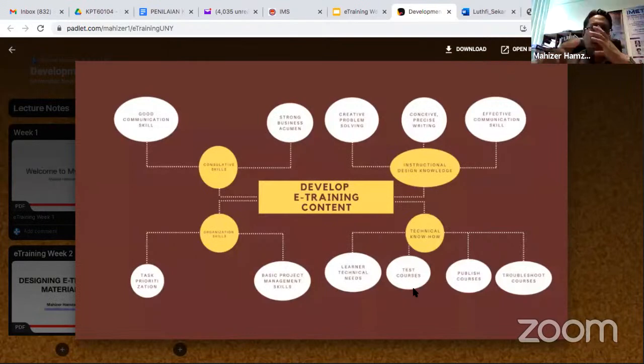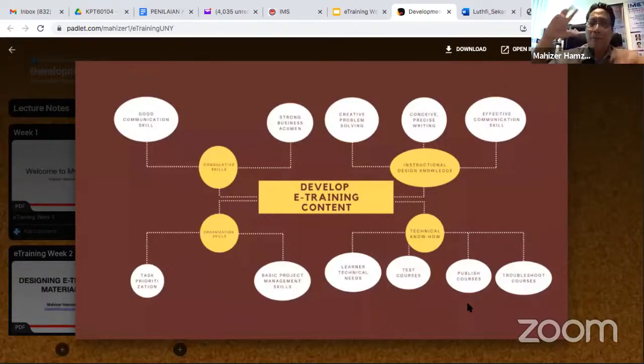It is rather open, and then they come up with every course. But to come up with one module, that is too big. For example, published courses can be one module on publishing content.